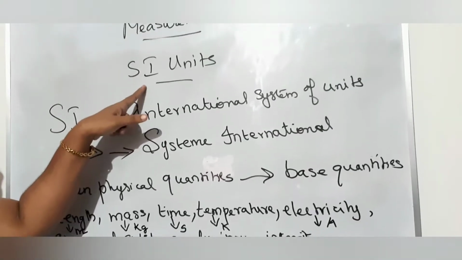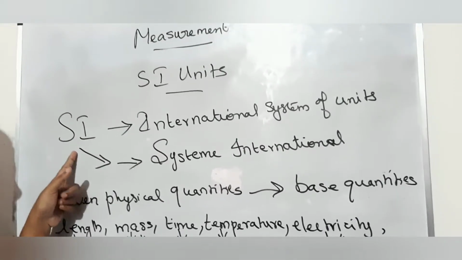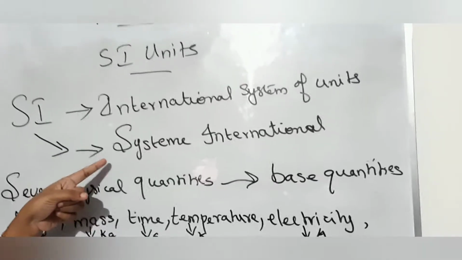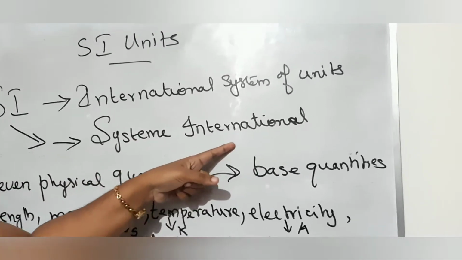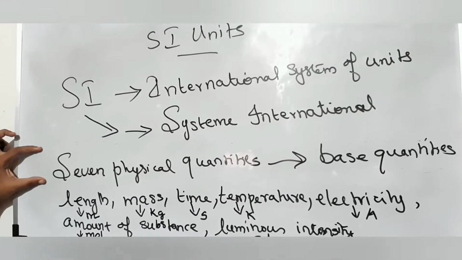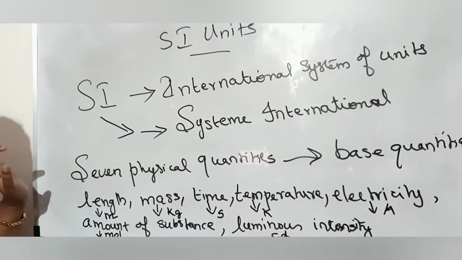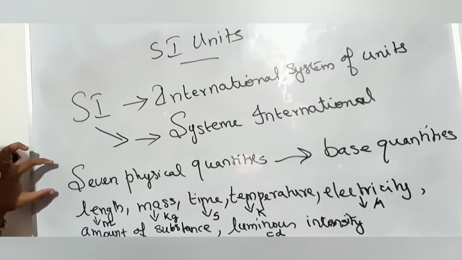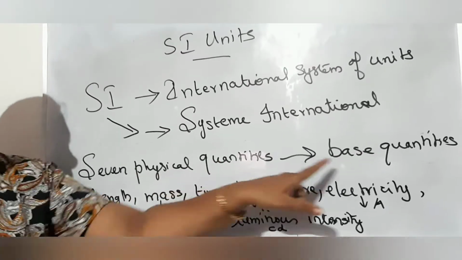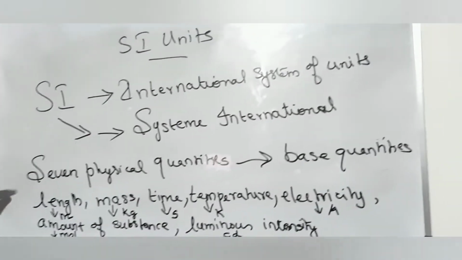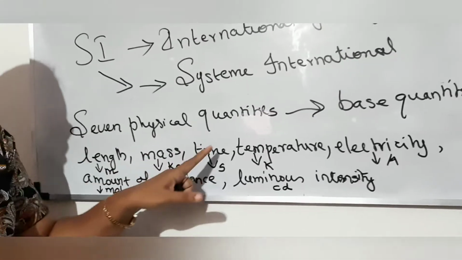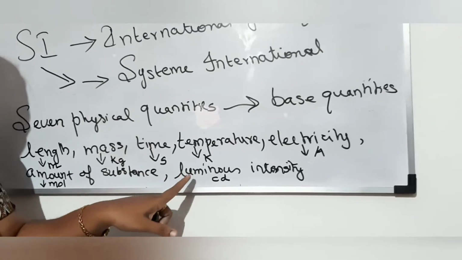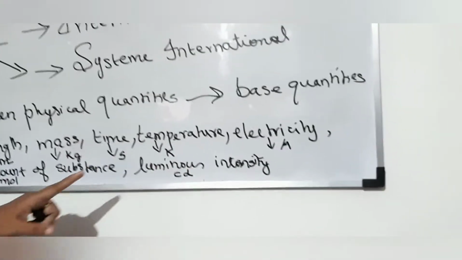So what is SI unit? SI unit is the International System of Units. It is abbreviated from the French name System International. So the scientists in France in the year 1960 at Paris during a conference, they selected 7 physical quantities as base quantities. They are length, mass, time, temperature, electricity, amount of substance and luminous intensity.